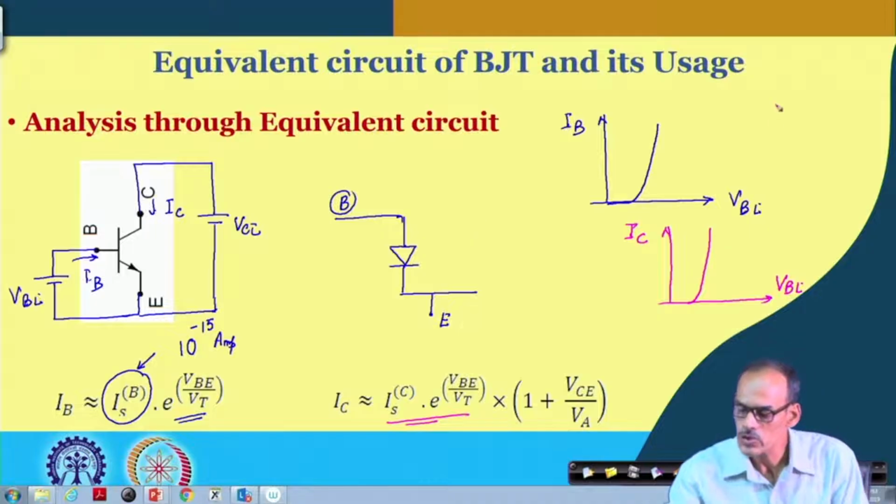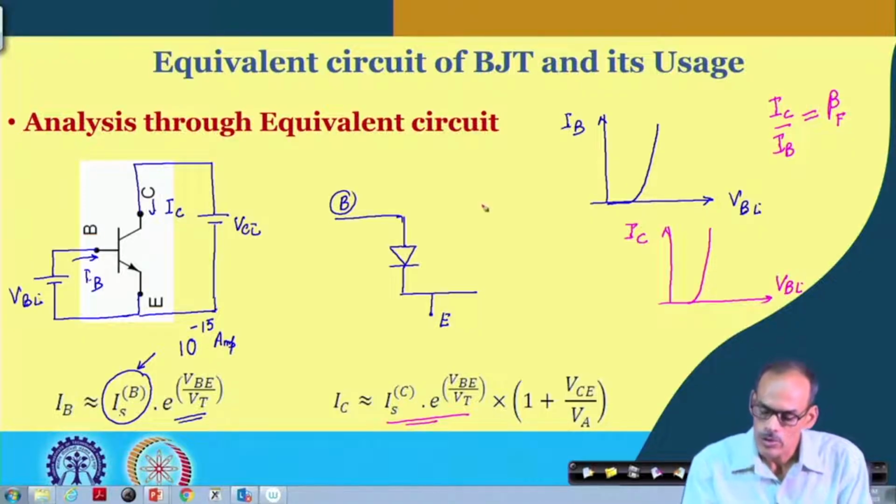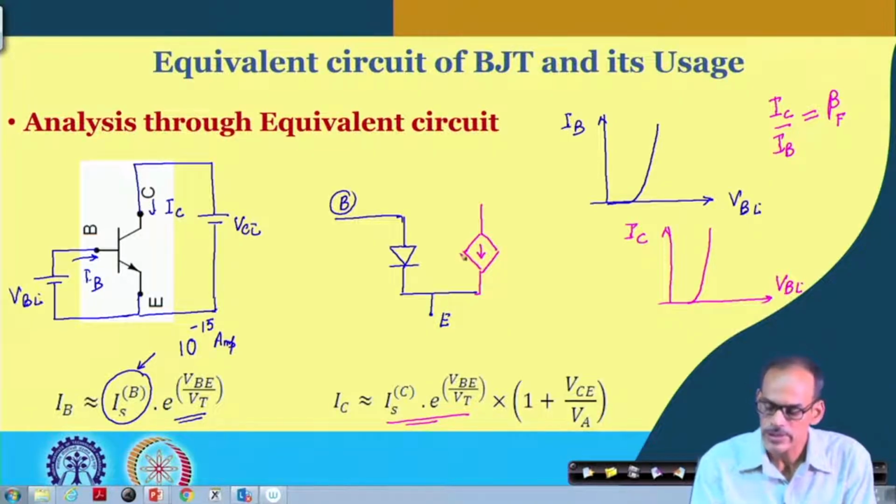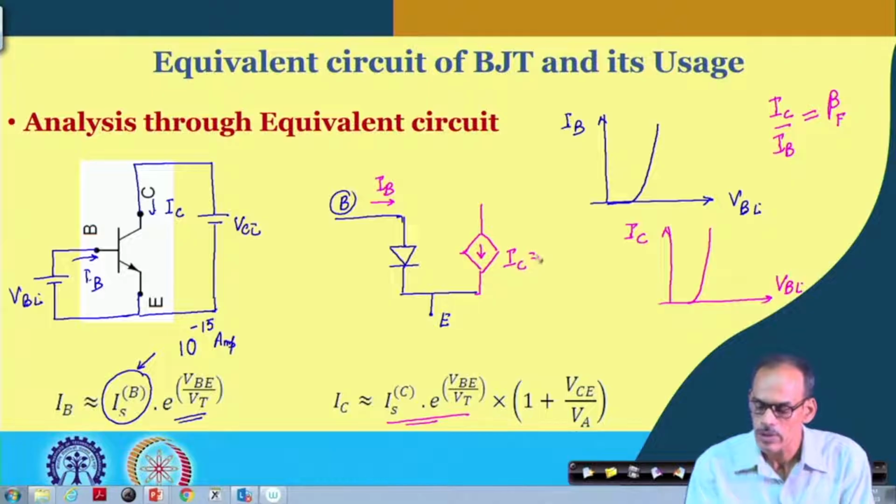But we also know that IC divided by IB, quote unquote, remains constant, whatever beta f we have. So, probably this characteristic can be represented by a current controlled current source, and this current is controlled by IB. So, IC equals beta f into IB.